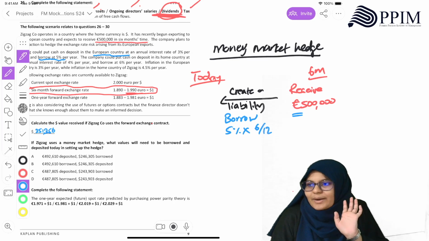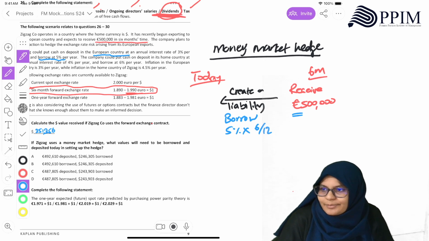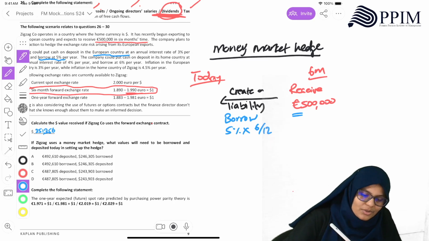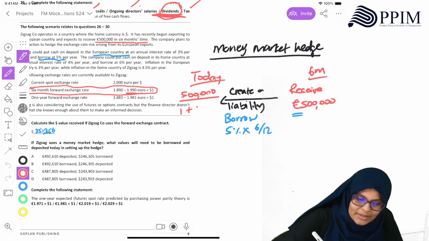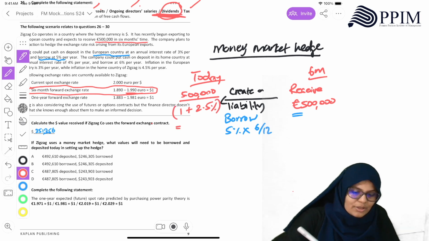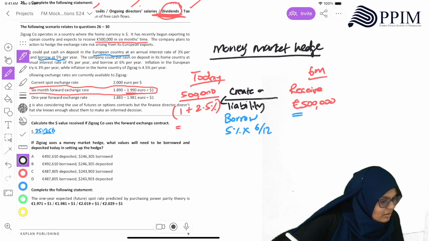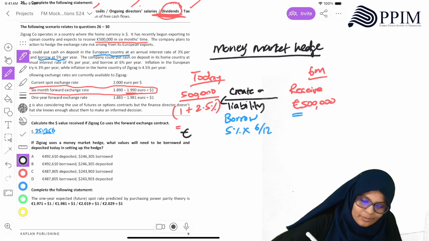I am not going to do it for 1 year. Okay, so I will borrow at ideally 2.5%. So today basically I will borrow 500,000 divided by 1 plus 2.5%. The present value only I will borrow. So actually I would have ended up borrowing 487,805 euros.